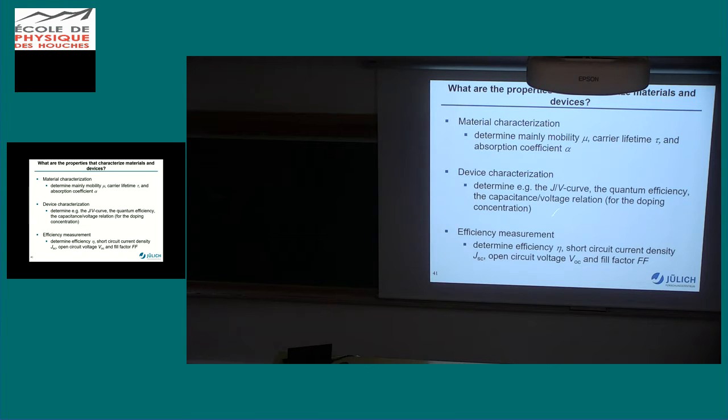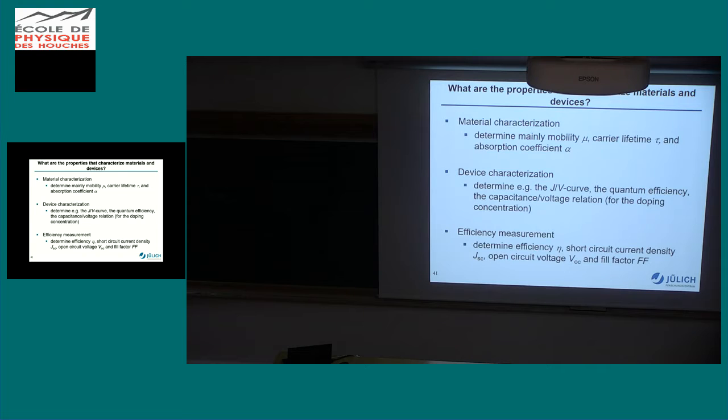So then device characterization is mostly about understanding the JV characteristics, as I have outlined before. If you understand why your open circuit voltage gets lower because of surfaces, grain boundaries, or whatever, why your current density is too low, that is fine.